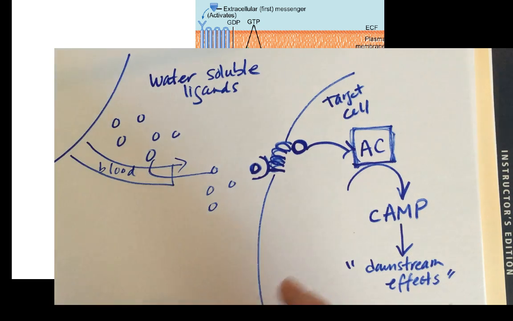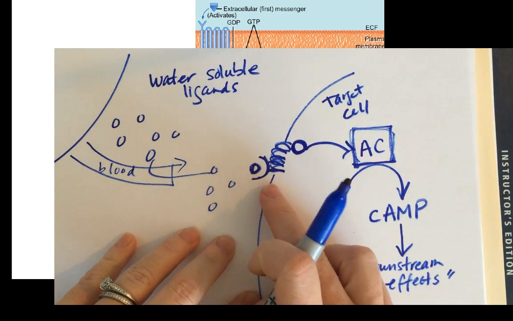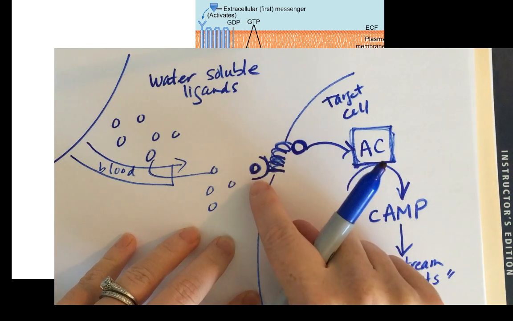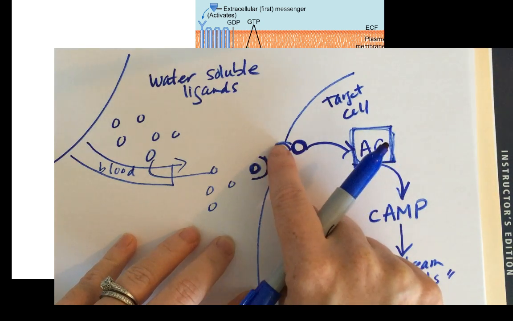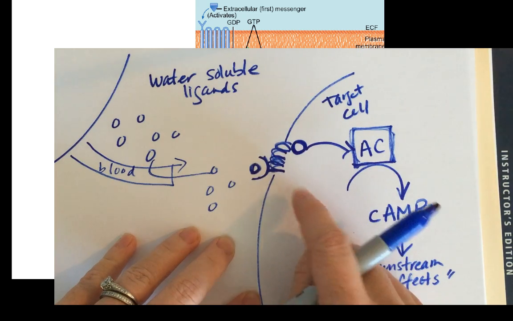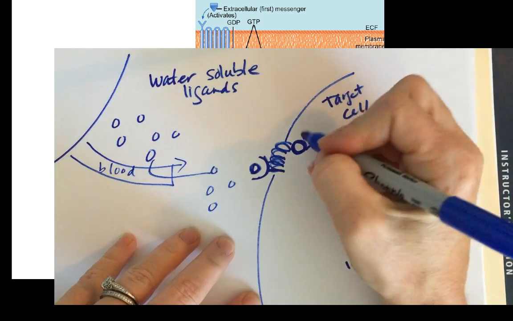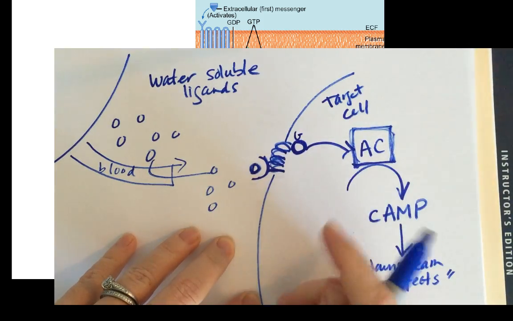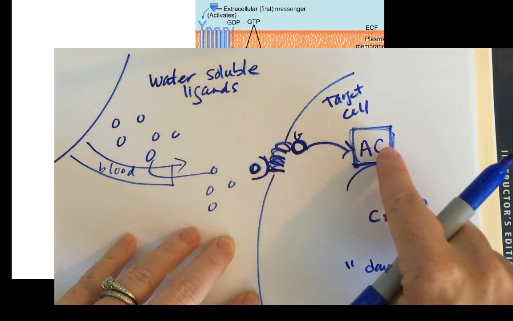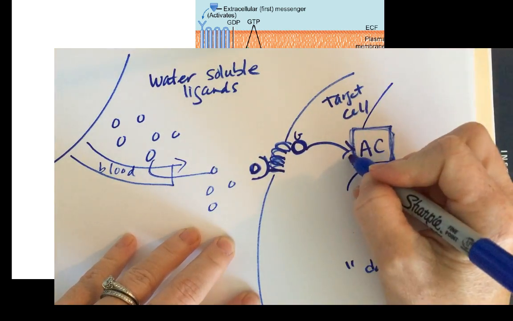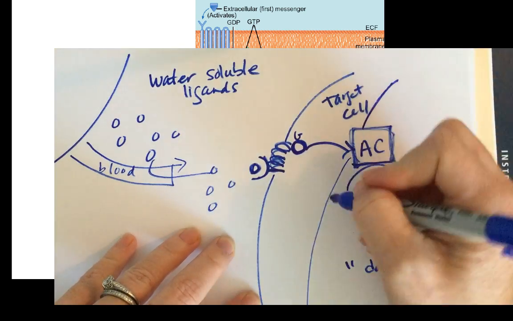Let's do it both here and on the picture. So you've got your chemical attaching to your G protein coupled receptor. When the chemical binds, it's going to activate that G protein. The G protein will then activate adenylate cyclase, which is very close to the membrane. I should have drawn that a bit closer to the membrane.